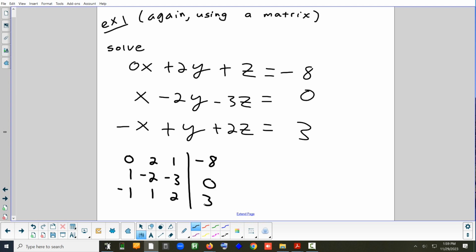So you really need to make sure you copy it right, because if you copy one number wrong, then the whole thing comes out wrong. So double check it. Usually what I do is if when I write them down, I read them left to right, when I check it, I'll read them up to down. So 0, 1, -1, 2, -2, 1, 1, -3, 2, -8, 0, 3. Looks good.